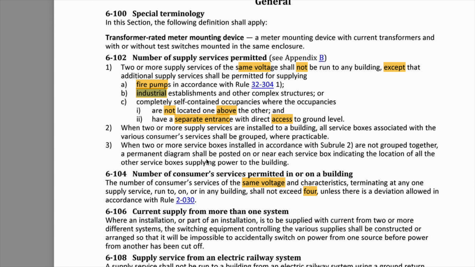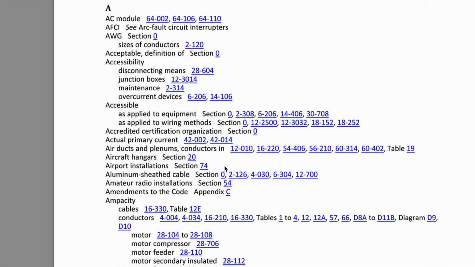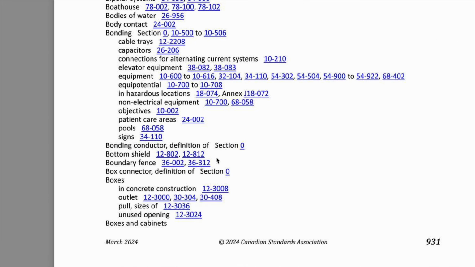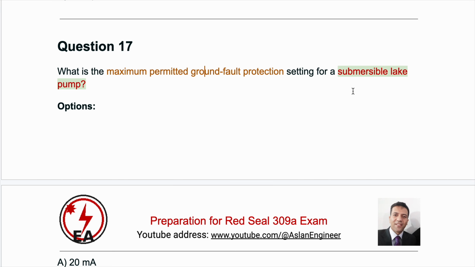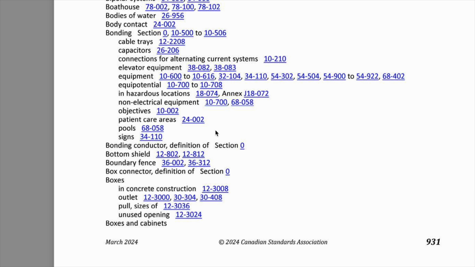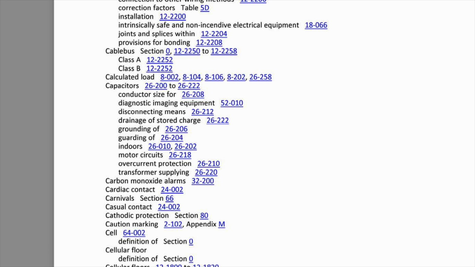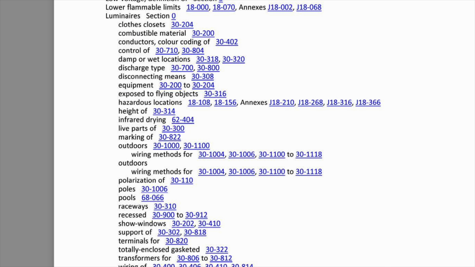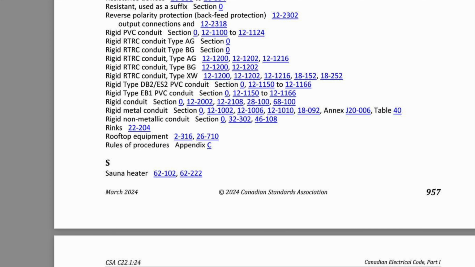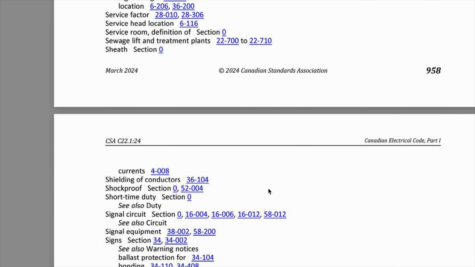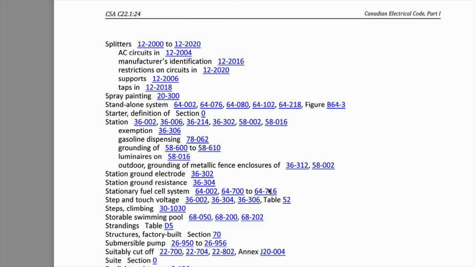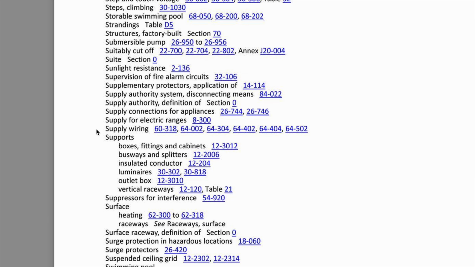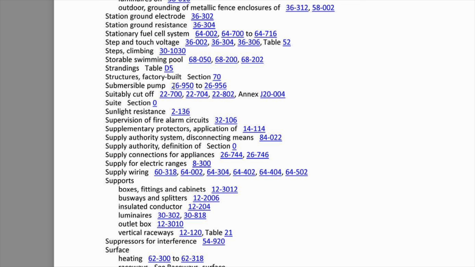But let me test the index, maybe. Submersible lake pump, submersible pump, 26.